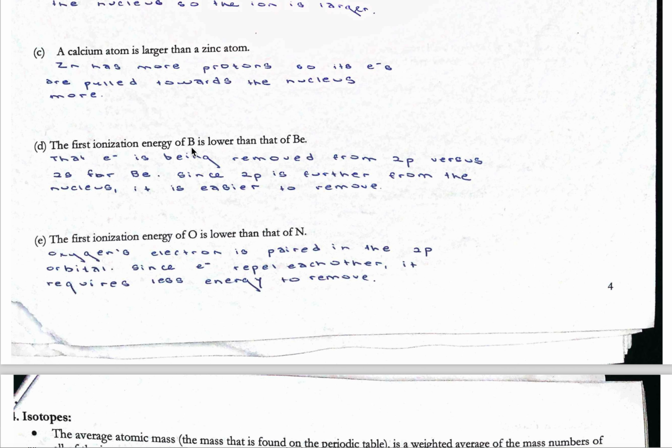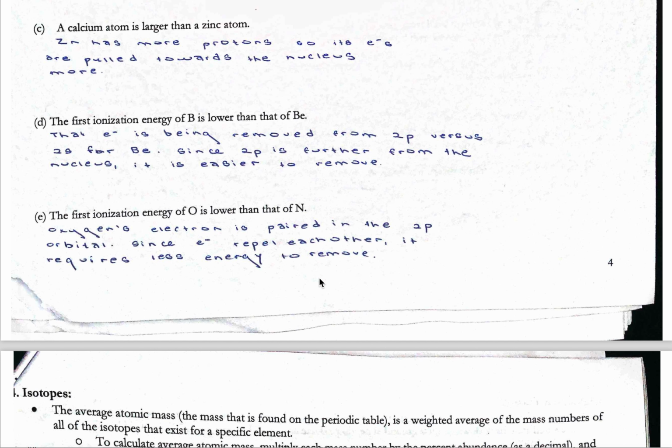So if you compare p and s sublevels, the 2s sublevel is going to be closer to the nucleus than the 2p, and therefore, even though it goes against the trend that we would expect, since ionization energy normally increases as you move across the periodic table, since you have electrons farther away from the nucleus in 2p, they're going to require less energy to remove. So that's why boron has a lower first ionization energy than beryllium.